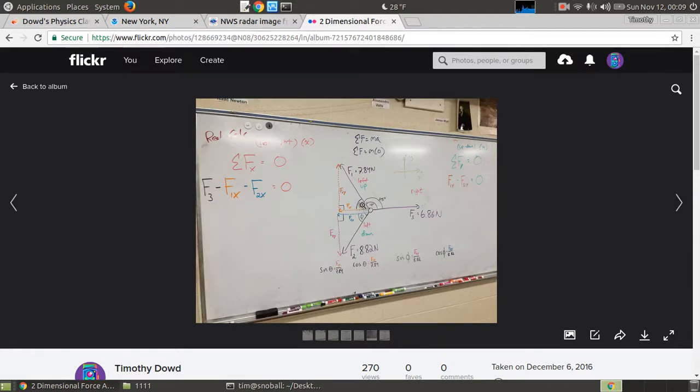I've called the angle here theta for F1, and I've given it a different Greek letter, phi, for F2. And so these over here have to correspond to the top force, these correspond to the bottom force. Let's zoom in and take a look.